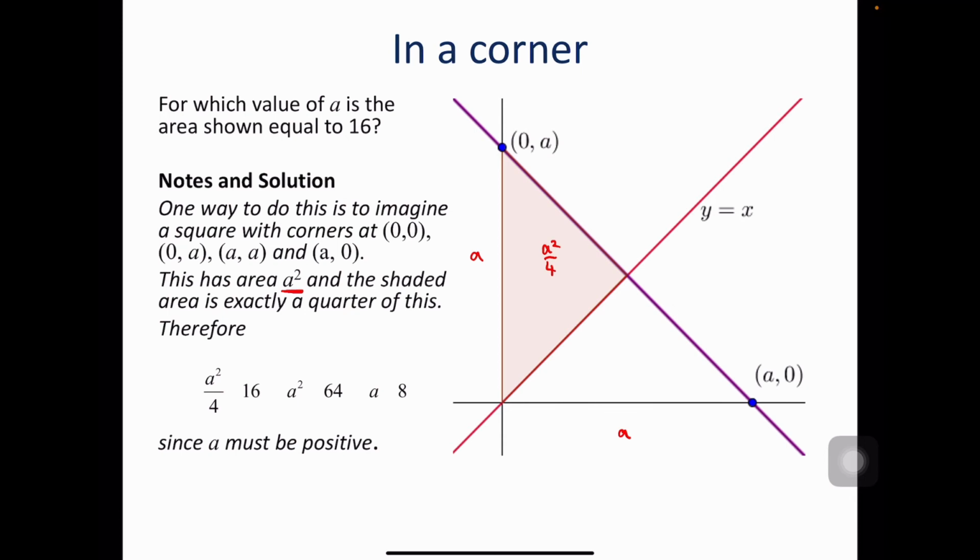So A squared over 4 is equal to 16. Now that means A squared is equal to 64. And so A, bearing in mind A has to be positive, is equal to 8.